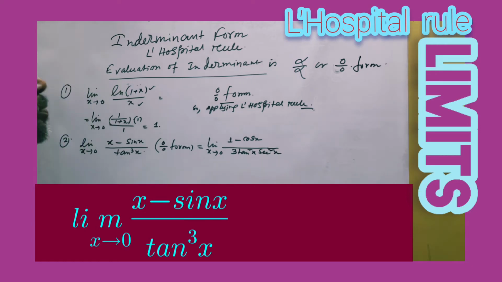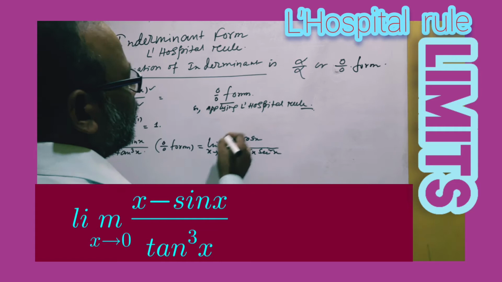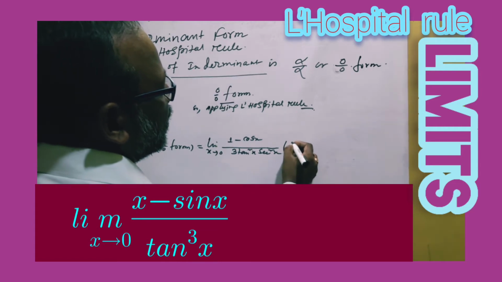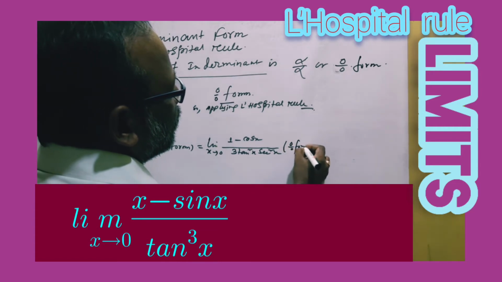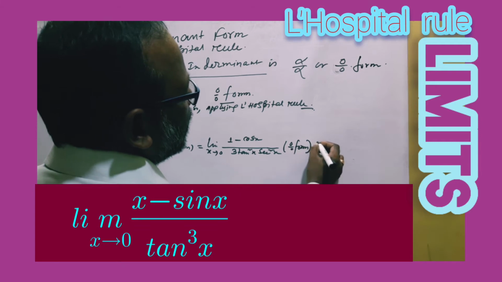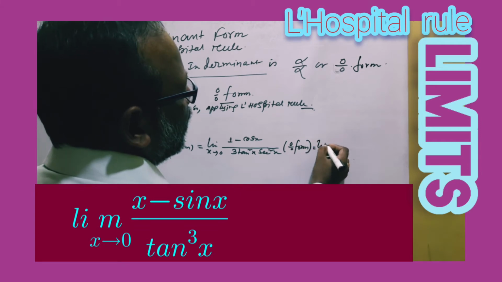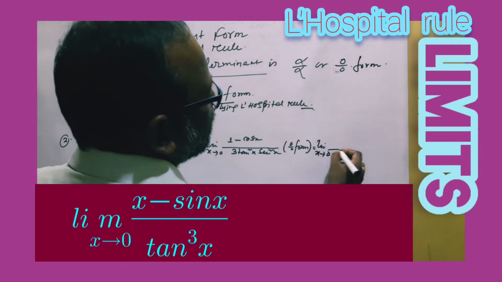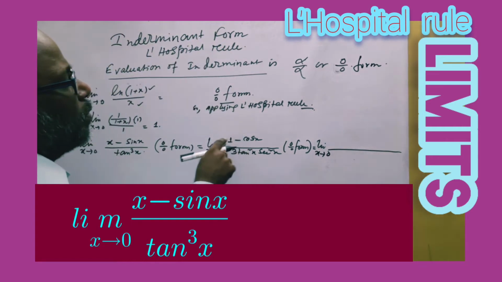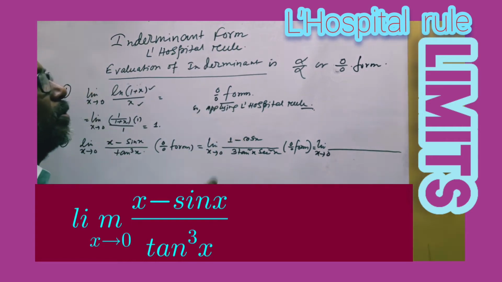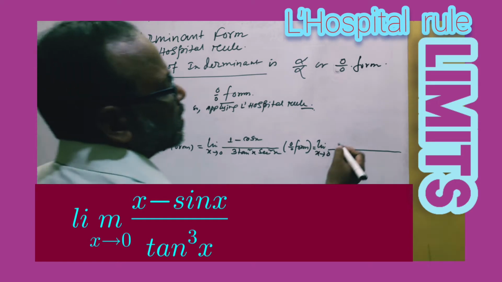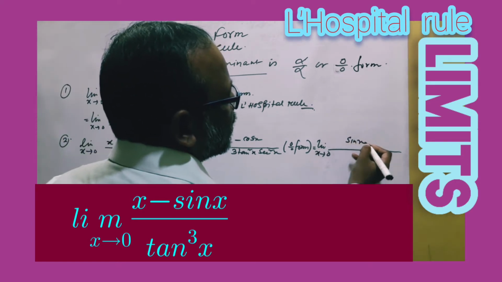Okay, again we differentiate, as this is again 0 by 0 form. So we apply the L'Hospital rule. If we differentiate, the derivative of 1 is 0 and the derivative of cos x is minus sin x, so we get sin x.